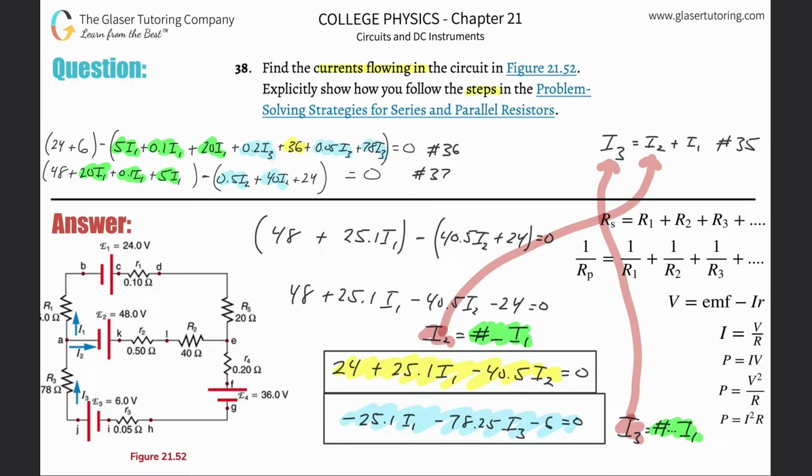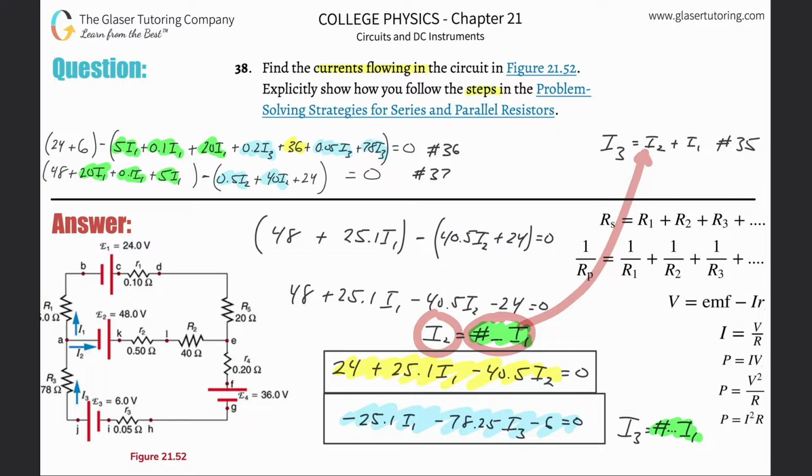In other words, take this, plug it in for I2 because that's what it is equal to. Take this and plug it in for I3 because that's what it is equal to. And then you'll realize you will have one equation with only one unknown, I1, I1, and I1, and that's solvable. Okay, so that's going to be the strategy.